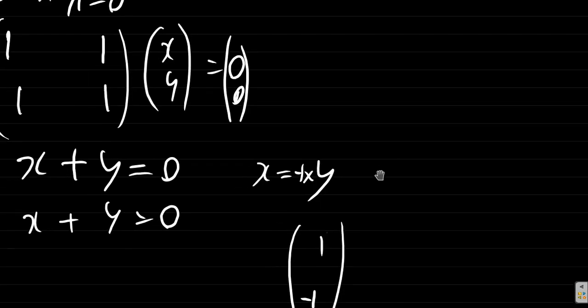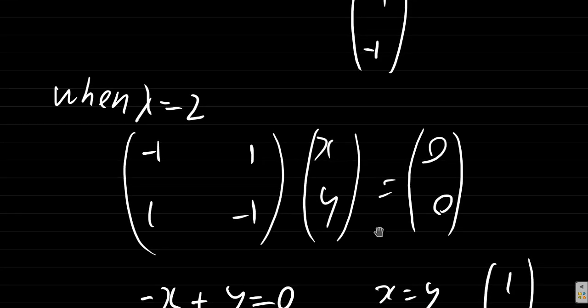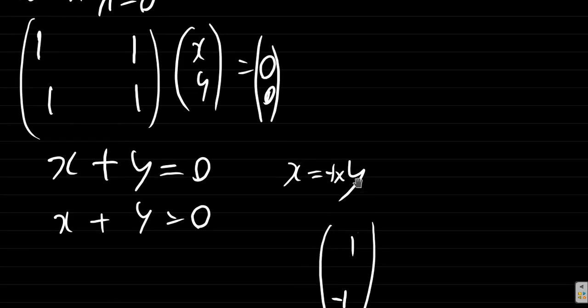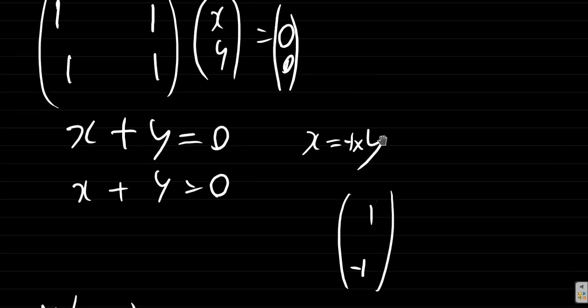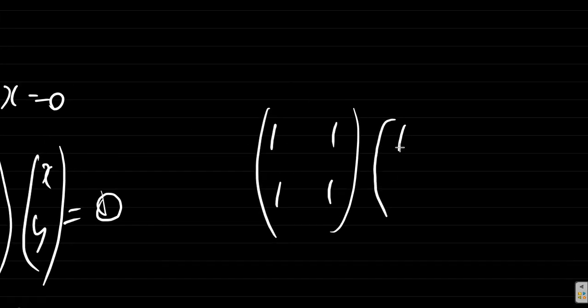This times our eigenvector, in this case 1, negative 1, is equal to lambda times x, 1, negative 1.